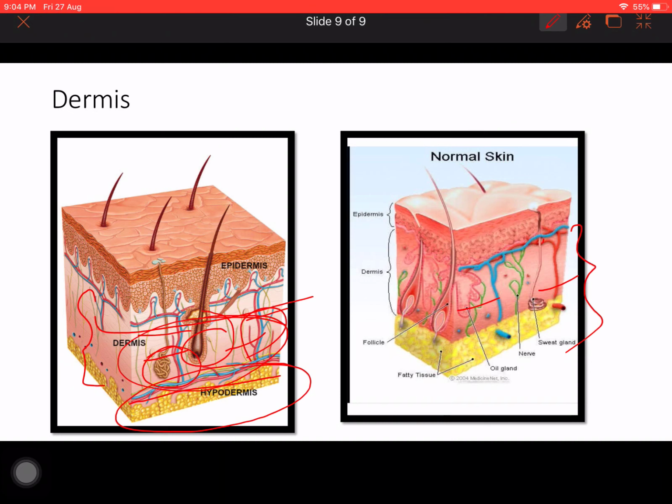So please do learn these pictures also with labelled diagrams, so that whenever you have different diagrams to draw, or whenever different parts are given and their function and structure are to be described, you can describe them.